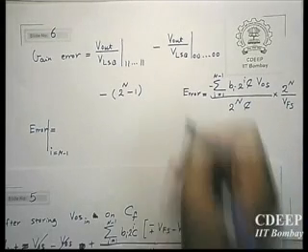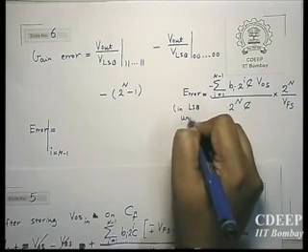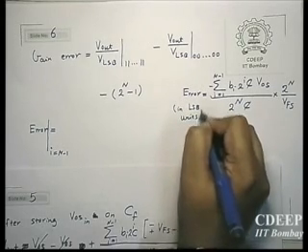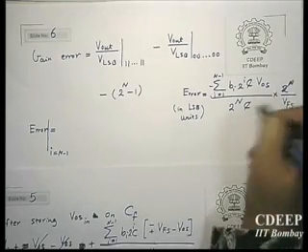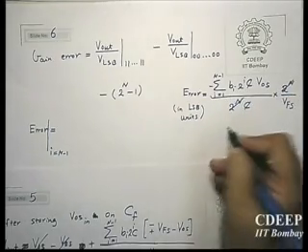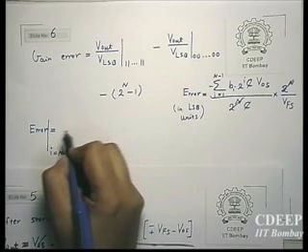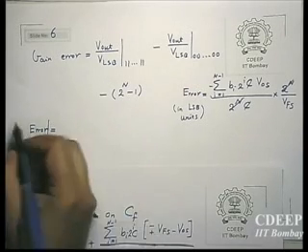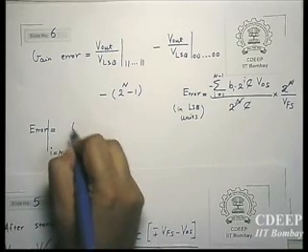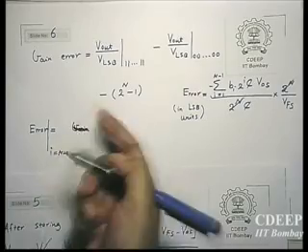This is now in LSB units, I just divided it by V full scale by 2 to the power n. So therefore the error for this, which will in fact be the gain error, gain error is minus this also.